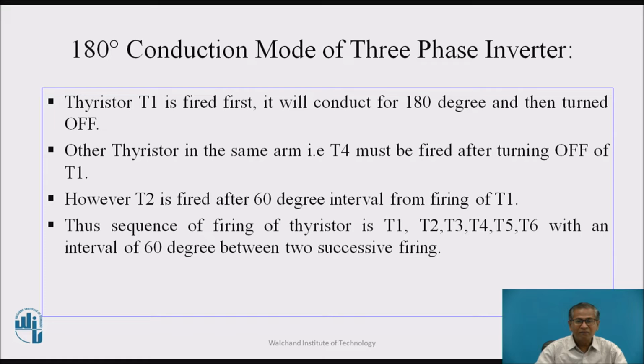It will conduct for 180 degrees and then turn off. The other thyristor in the same arm, that is T4, must be fired after turning off of T1. However, T2 is fired after a 60 degree interval from the firing of T1. Thus, the firing sequence is T1 to T6 with an interval of 60 degrees between two successive firings.